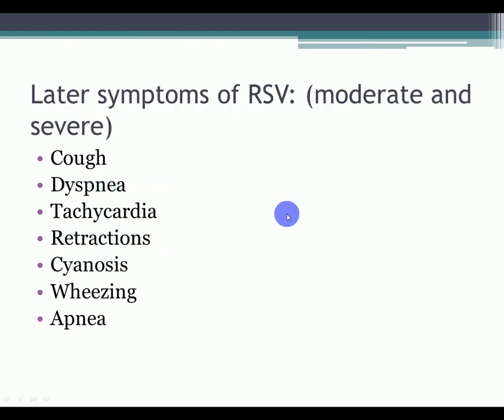Later symptoms, usually at the moderate or severe level, are cough, dyspnea, tachycardia, retractions, cyanosis, wheezing, and apnea. You can tell there that the signs and symptoms are getting worse. Now, when I say dyspnea, I'm talking respiratory rates anywhere from 60 to 100. So we're talking about these kids are sick.